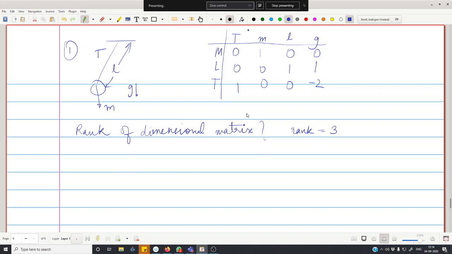So you chose which terms to find the rank? TML. Okay, we can take TML, it doesn't make a difference, but let us take M, L, and G in this particular case, because ideally we want to find out an explicit expression for T. So try to keep T separate.